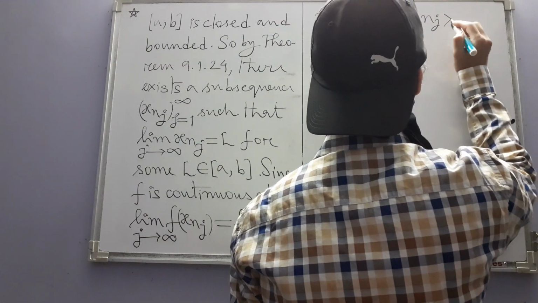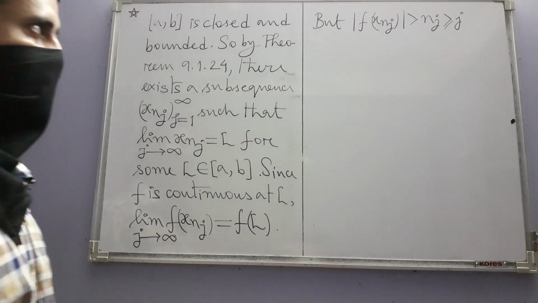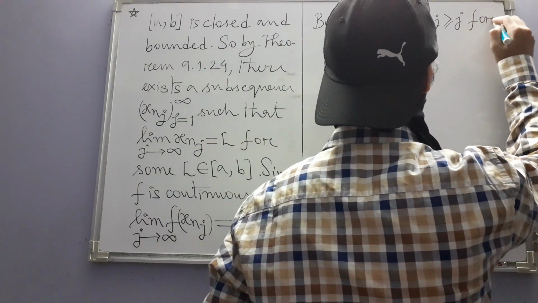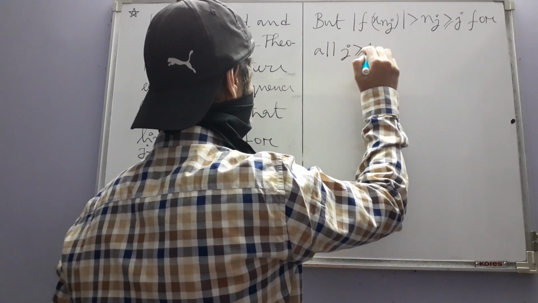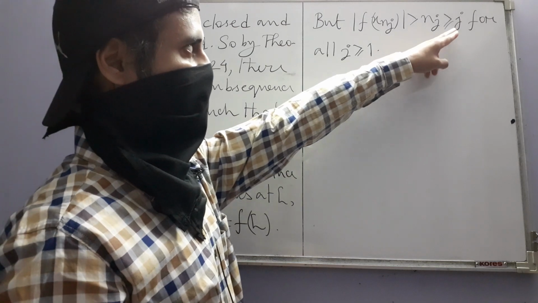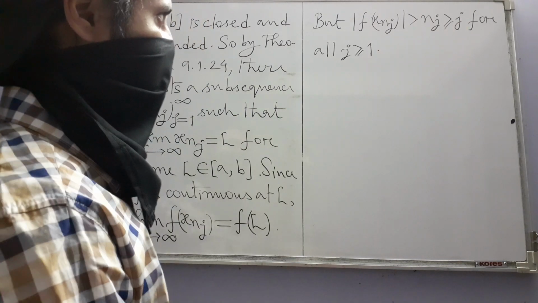And here we are going to write one extra thing. nj is greater than or equal to j for all positive integers j. Let's just take this for granted for now; I am going to say why this is so.